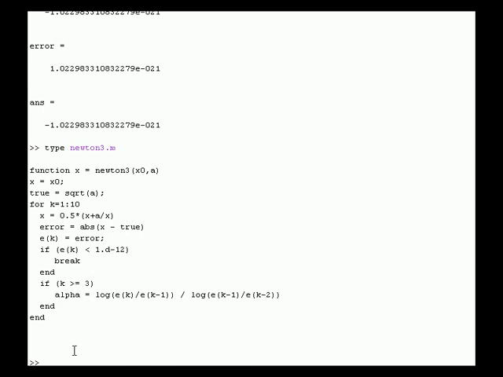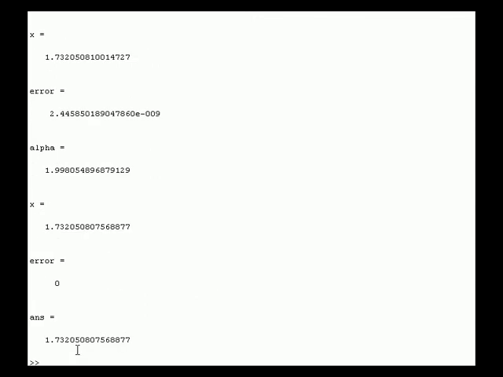And let's see what happens when we try to find the square root of 3, which is about 1.7. So let's start at 1.5. And it converges very fast, second order again, to the square root of 3, which is about 1.732. So this is actually a very efficient way to find square roots, only a few iterations.